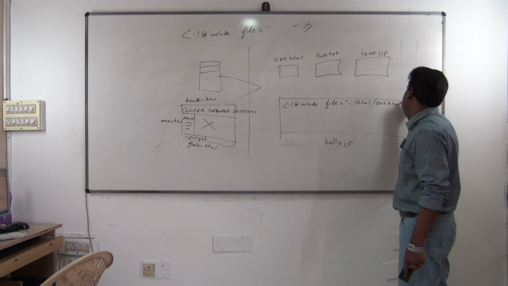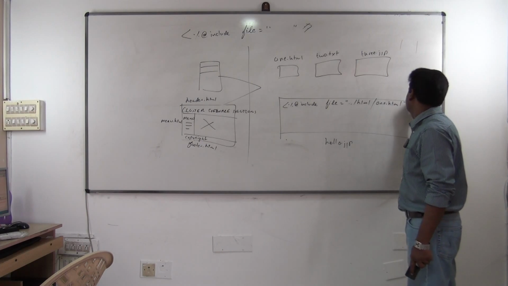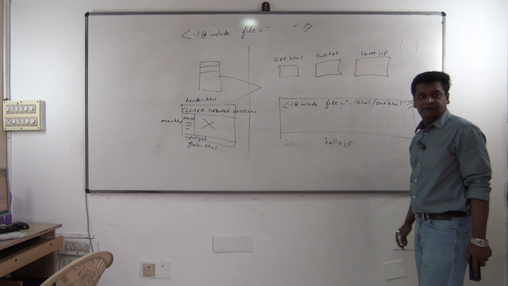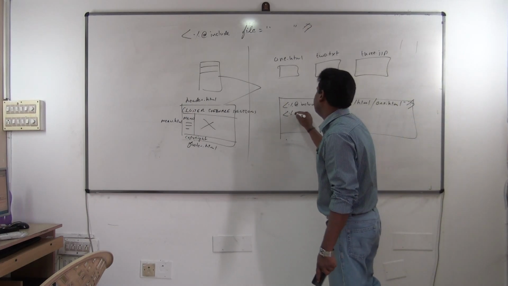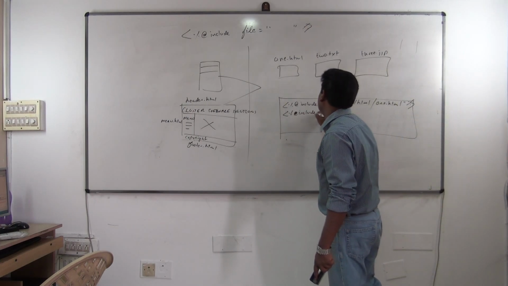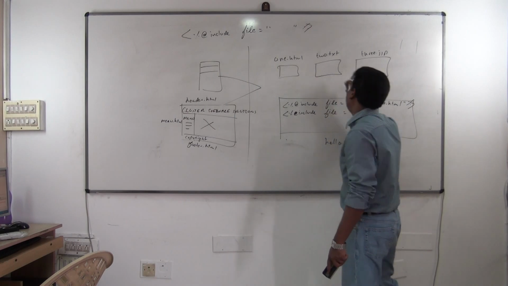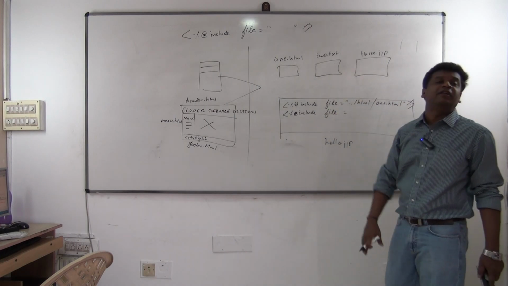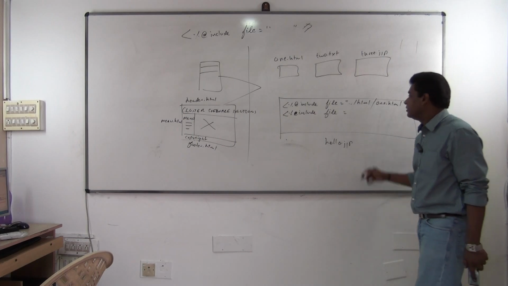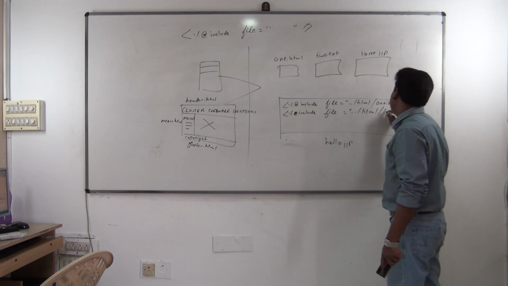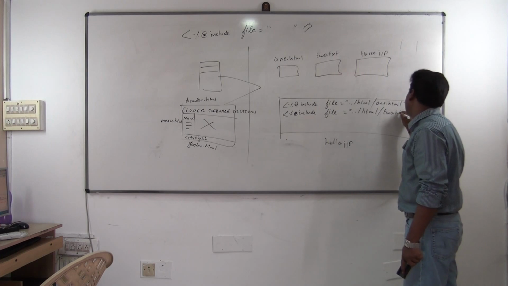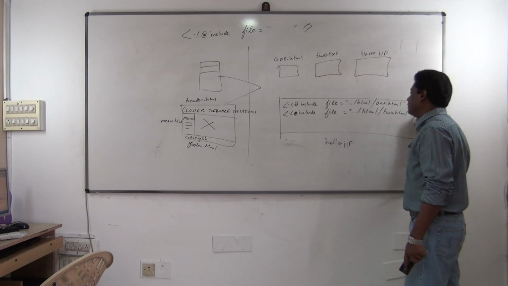You have to give the URL like this. Done? If it is JSP only, no problem. Okay, I'll show you all three. %@ include file is equal to, assuming that the txt file is also kept in the HTML folder, this is the path.